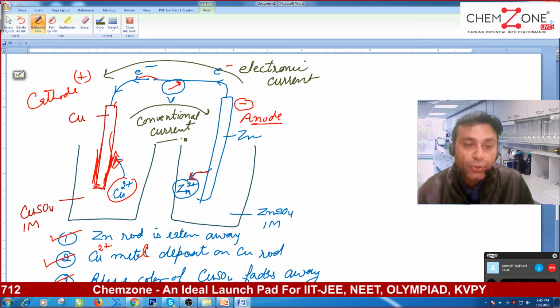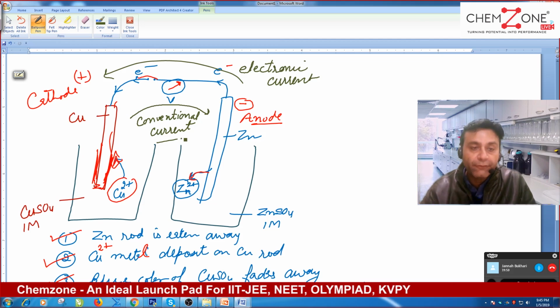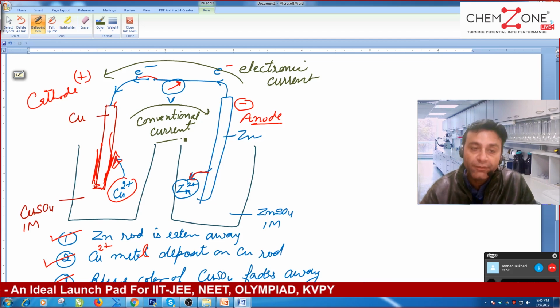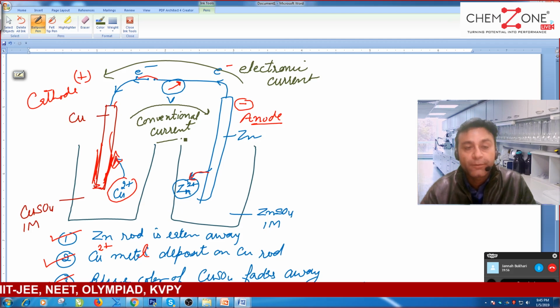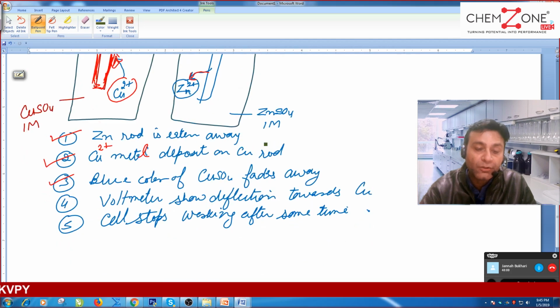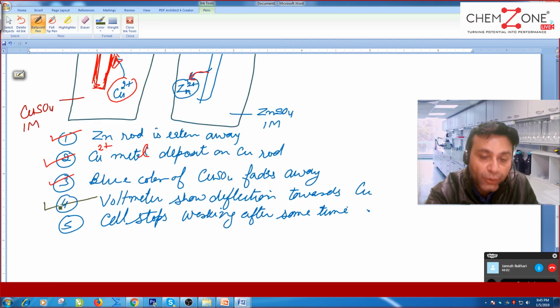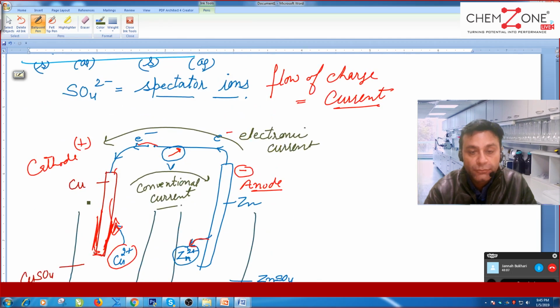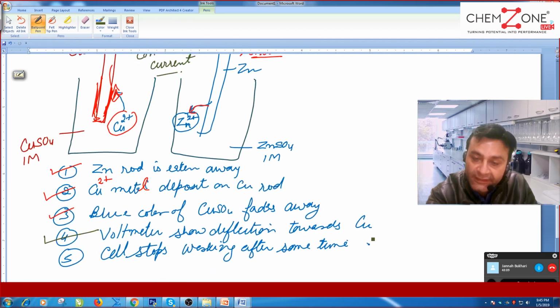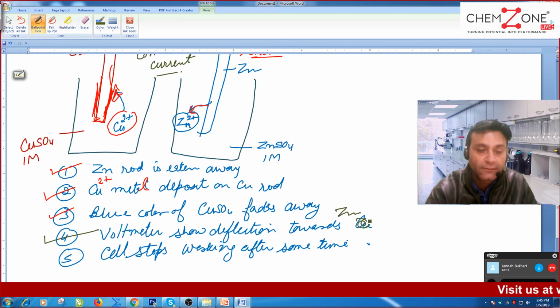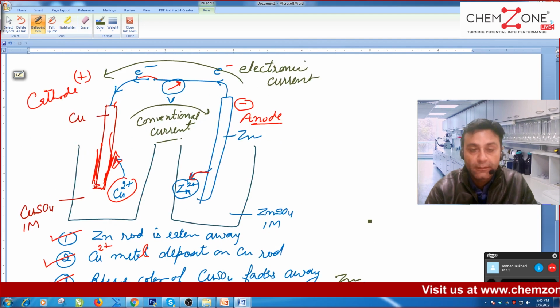From zinc to copper, we have electronic current, and from copper to zinc, we have conventional current. Am I clear? And that is why I can now say that the voltmeter shows deflection towards copper. Sorry, towards zinc. I should write zinc here, opposite to the flow of electrons.